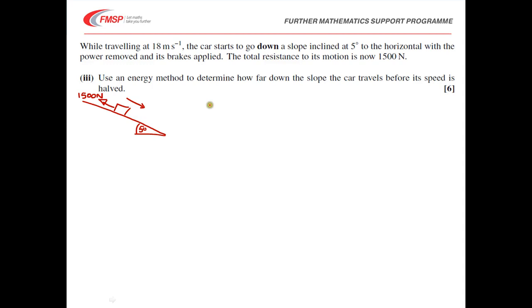So we want to know how far it travels down the slope before its speed is halved. We're going to do this again by energy ideas, so input energy equal to output energy. And I'm going to say that the car travels a distance d down the slope.